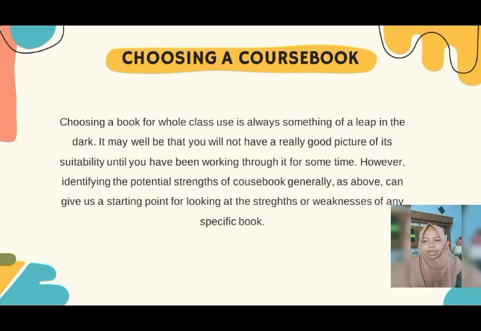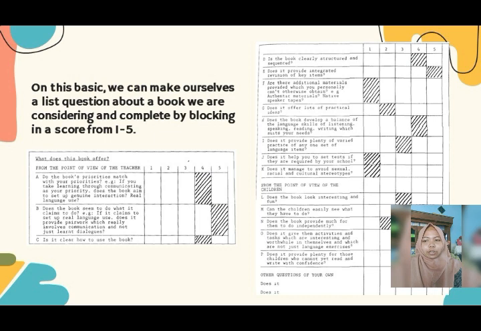Okay, on the next slide you can see, for example, I make a list of questions about a book we are considering and complete a block chart, scoring from 1 to 5. The first question is: do the book's priorities match your priorities, and does the book make real language use?